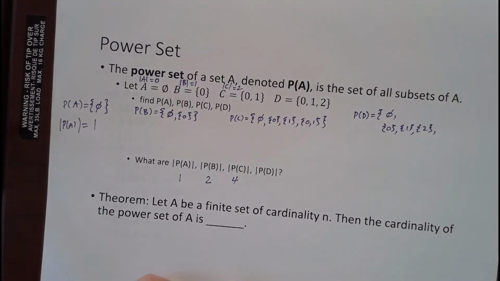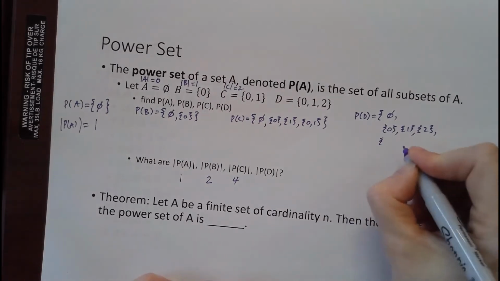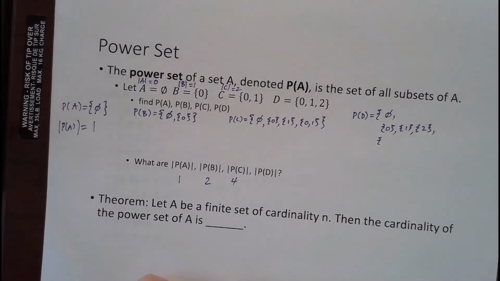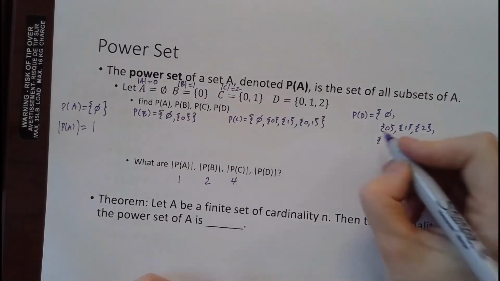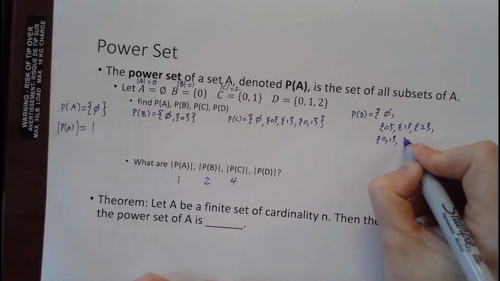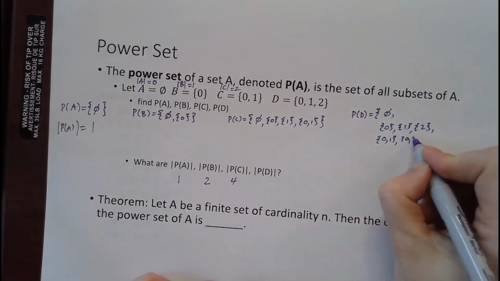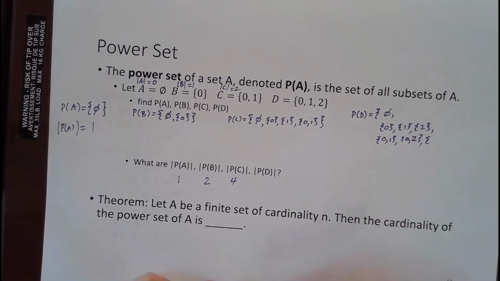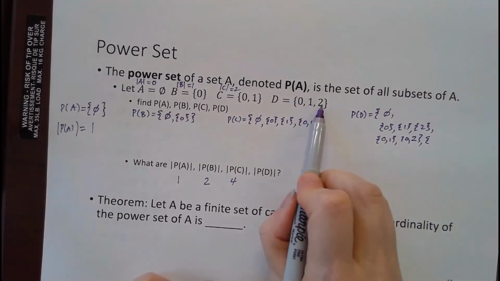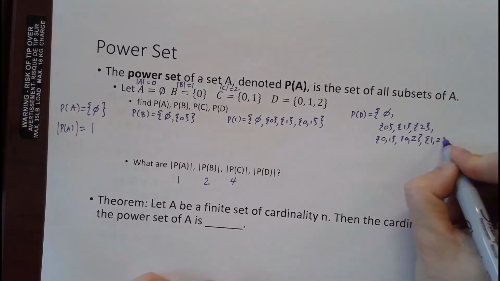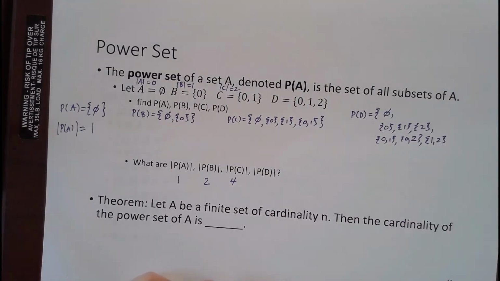So those are all the possibilities that have only one thing in them. We also could have subsets that have 2 things in them. Okay, so we could have like 0 and 1. We could have 0 and 2. Okay, we could have 1 and 2. They're unordered, so I've run out of options, right?